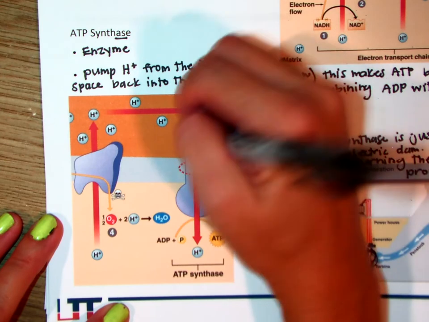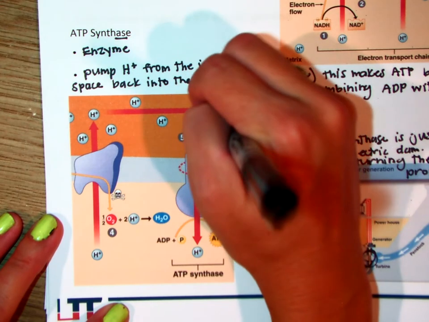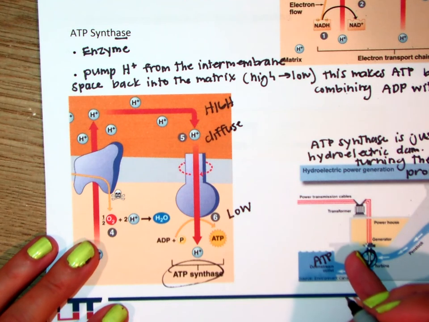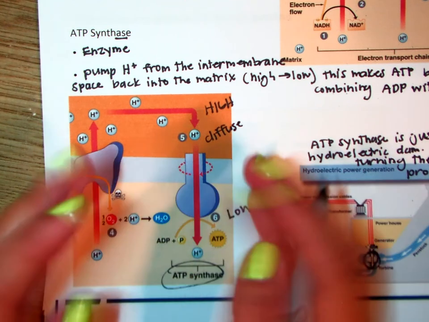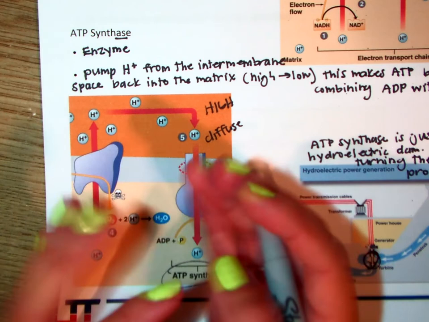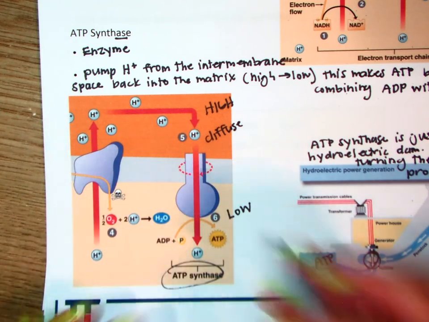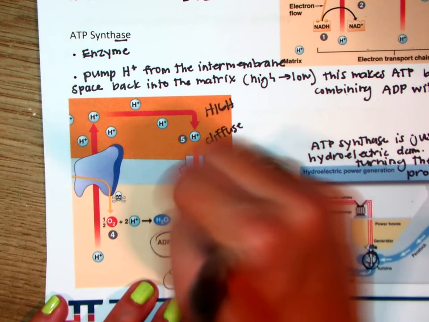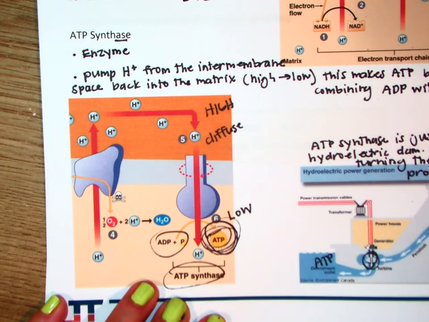And they're going to diffuse through this ATP synthase. And it actually causes it to turn. I think the actual molecule turns. And this brings and makes these two things stick together to make a whole bunch of ATP.